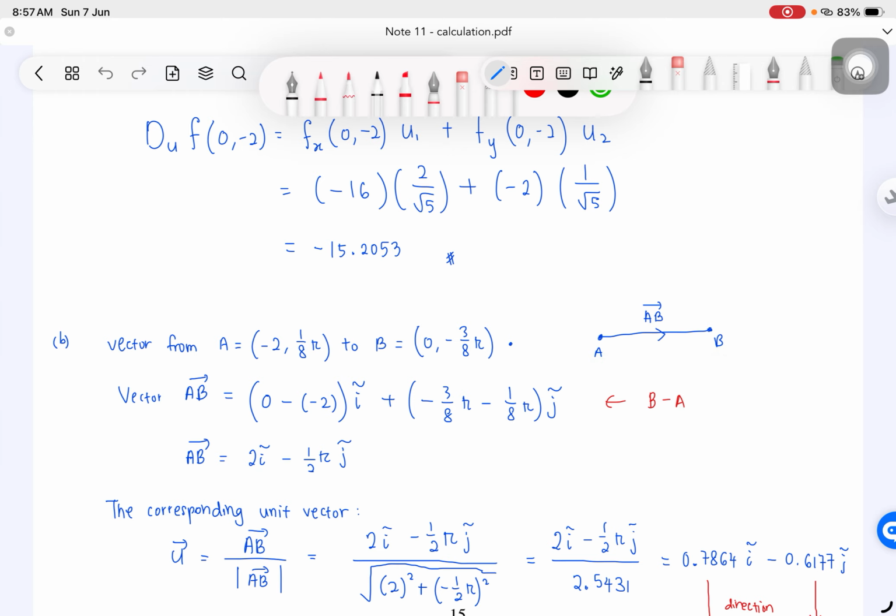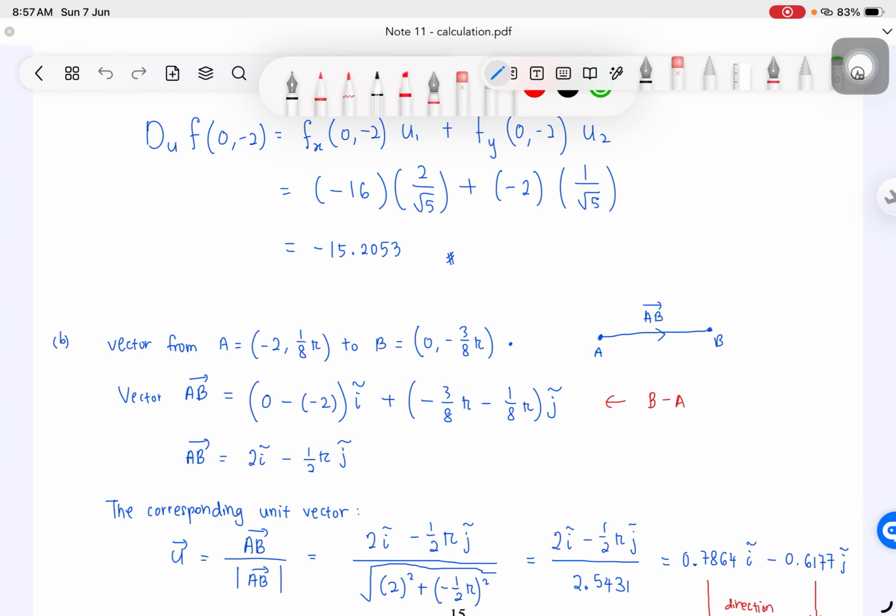So to find vector AB, B minus A, you obtain this one for i. And then for j, negative 3 pi over 8 minus pi over 8. So this one is for j. So you obtain vector AB is equal to this one.